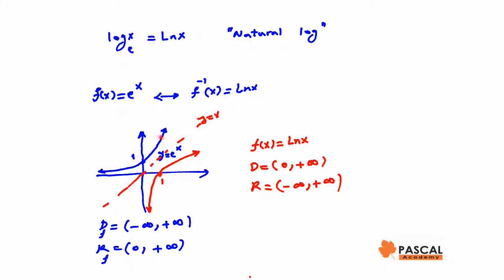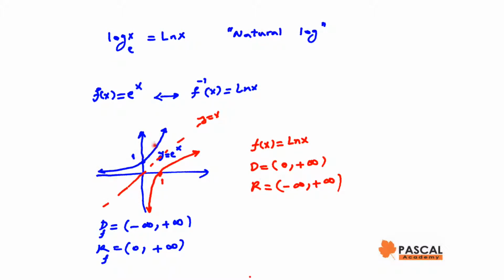It is always increasing and concave up. The x-axis is the asymptote. Its domain is all real numbers, and range is all positive numbers. The graph is actually between y equals 2 to the power of x and y equals 3 to the power of x.